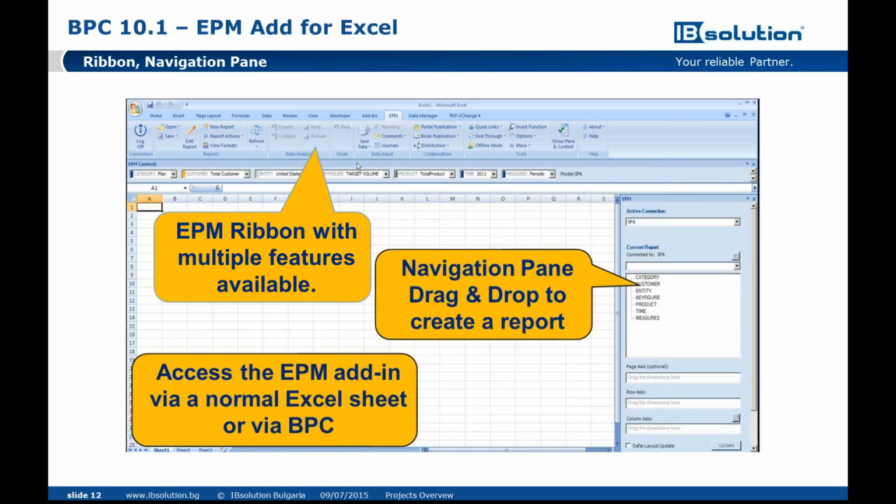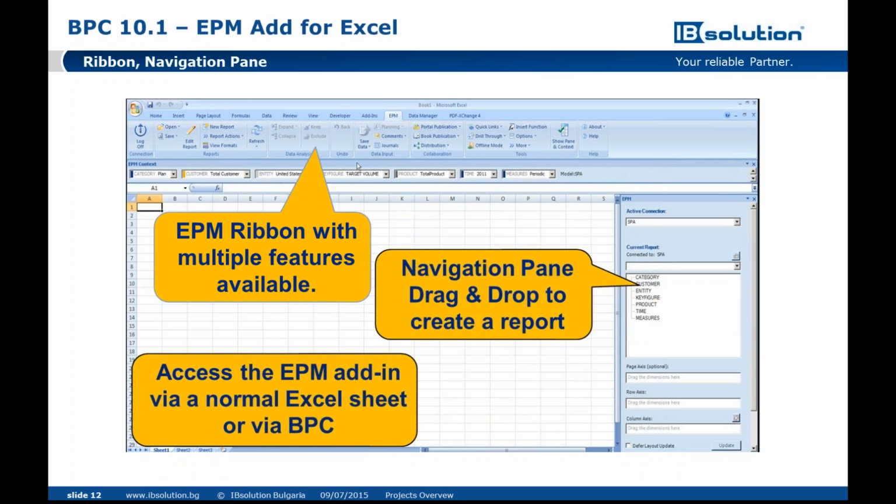Here is just a quick view of the Excel and the EPM tab. Here we have the EPM ribbon with all features available. On the right side, there is a navigation pane, drag and drop, from where the creation of reports can be done.